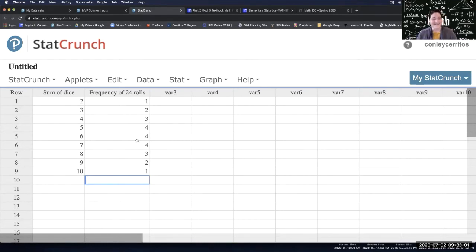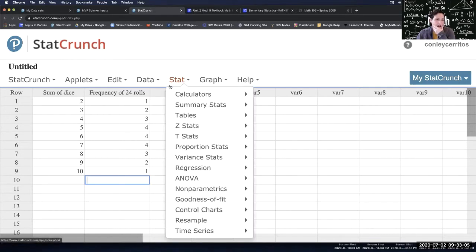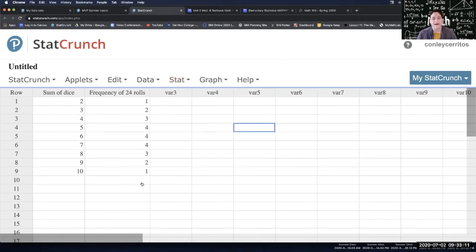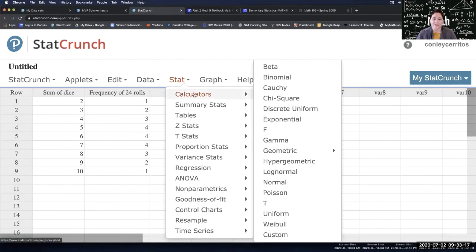Okay, so this is our distribution. What's kind of cool is that this is the table, but for you guys in the table, you've got 1 out of 24. All of these are out of 24, correct? If you go to Stat Calculator and go to Custom, and we build this custom distribution.